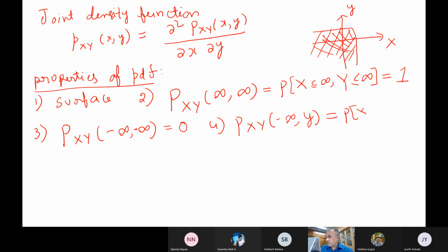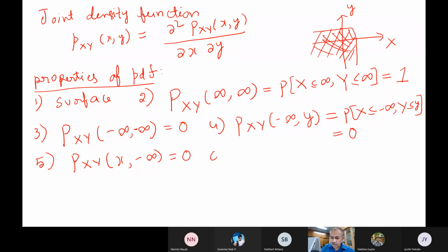This means the probability x is less than or equal to minus infinity, but y is less than or equal to y. Now x is still at minus infinity, y is varying. It will be 0 only. You can verify and check also. Similarly, Pxy at x comma minus infinity will also be 0 only.